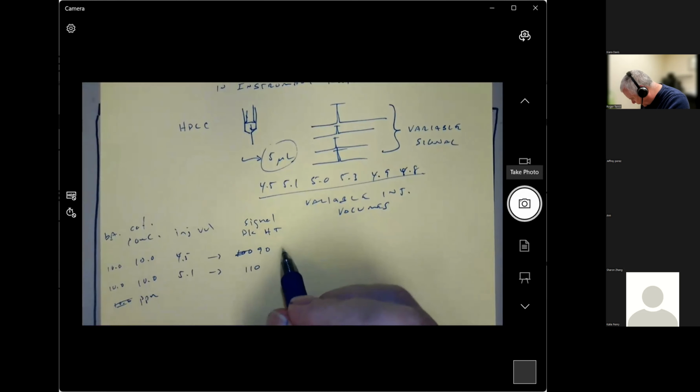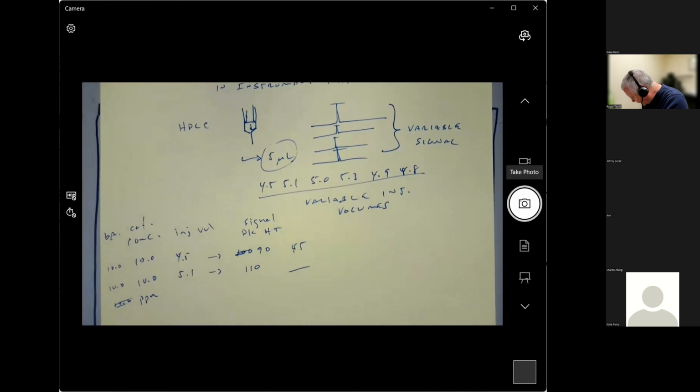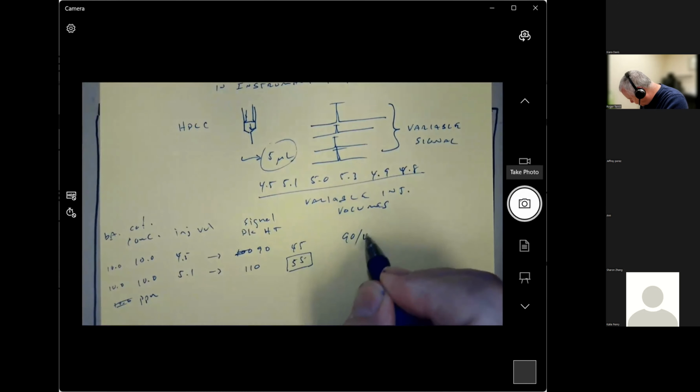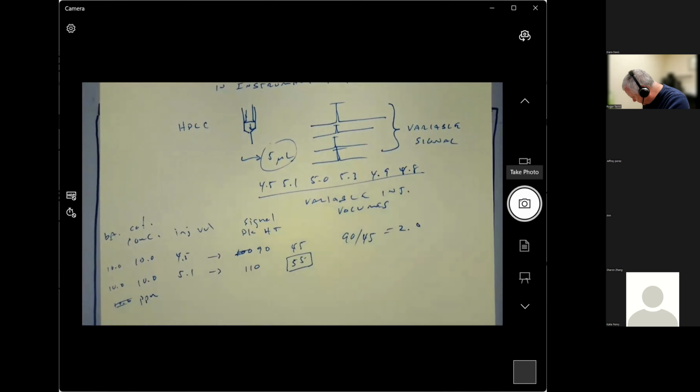This guy gives, let's say, 40, 45, and what would it give here? Well, here it would give 55, right? And 90 over 45 is 2.0.